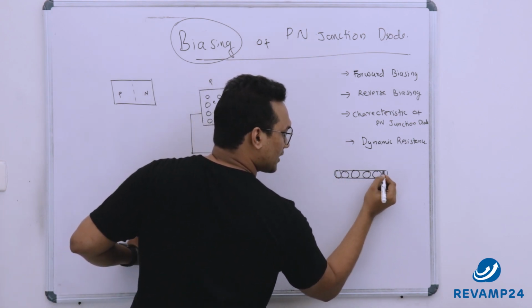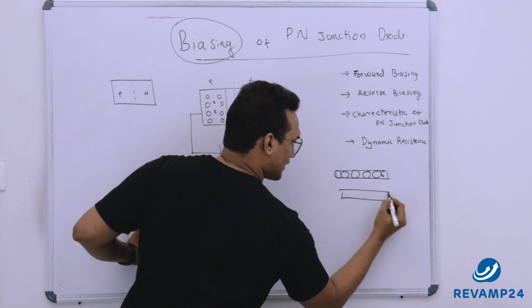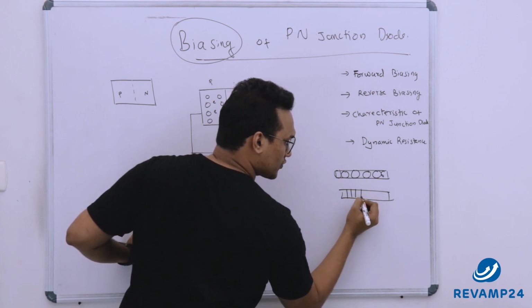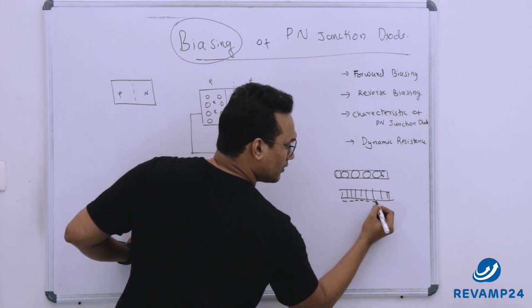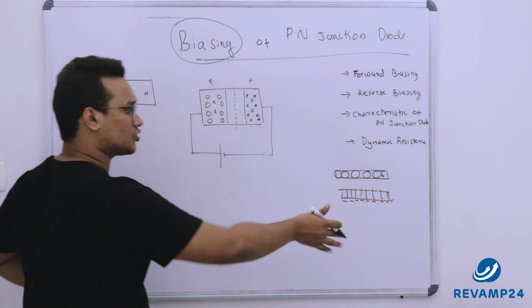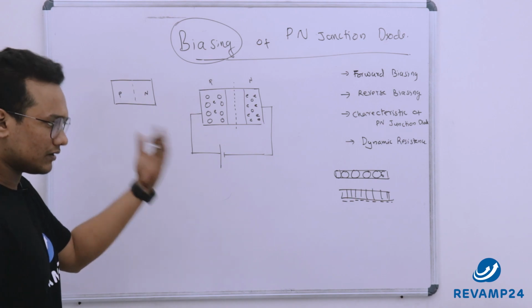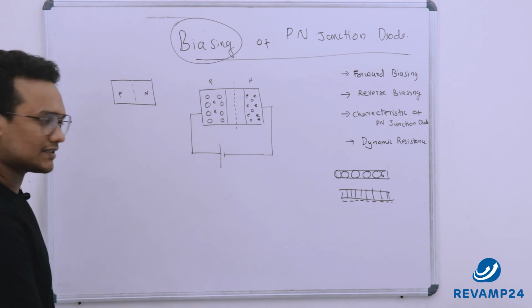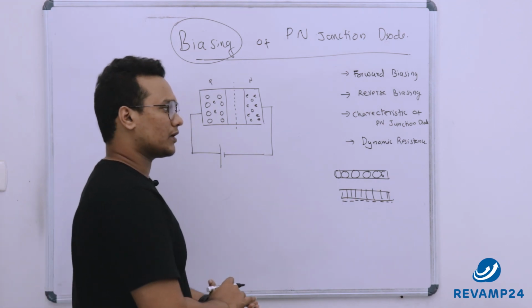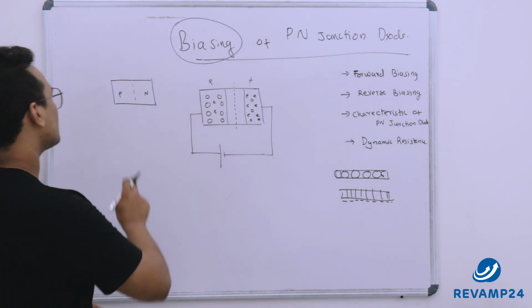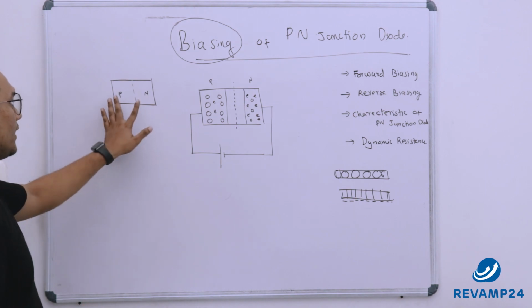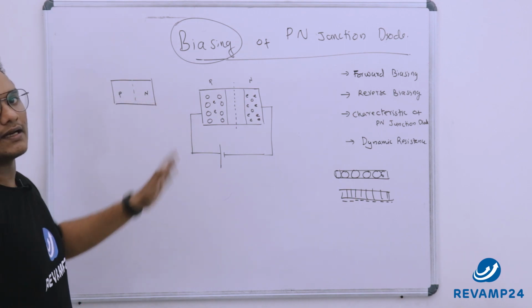See, if it is a copper conductor and you cut it into n number of small pieces, every part would be equal to each other in terms of properties like conductivity, resistivity, number of electrons per unit volume; all these would be similar to each other. But here it is not that way. One end is P type and the other end is N type.